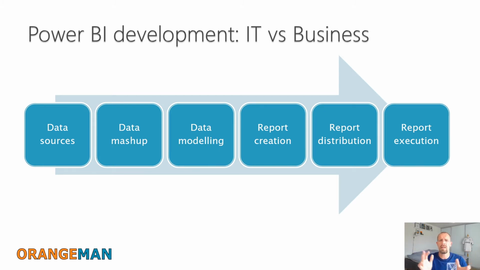In the middle, data mashup is all about reshaping, taking this data in and modeling it so that we can put more value on the data, defining calculations as part of the data modeling, categorizing and formatting the data, and then of course creating the visualizations, distributing the report, and then executing the report.